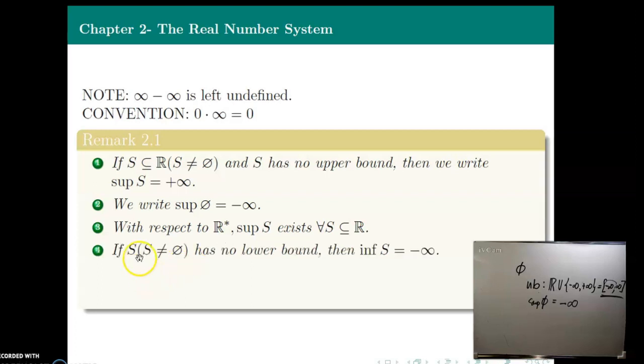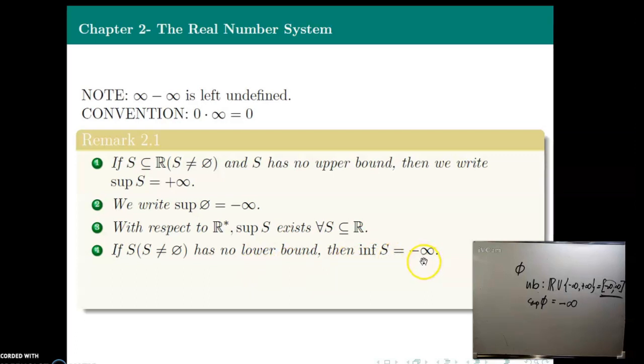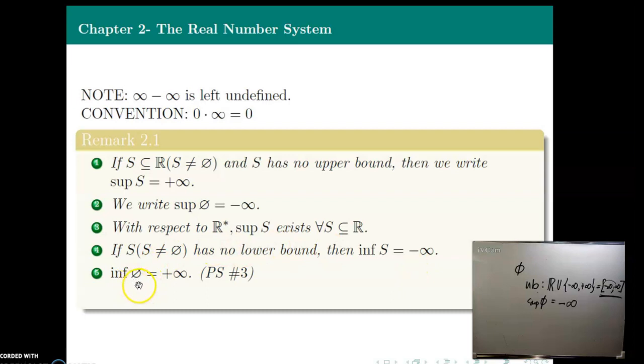Next is, if the set S is not empty and it has no lower bound, then we can say that the infimum of this set is negative infinity. So again, with respect to R star, the infimum always exists. Number 5, we have here the infimum of the empty set is equal to positive infinity.